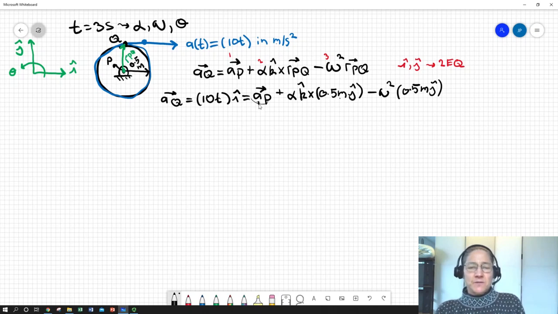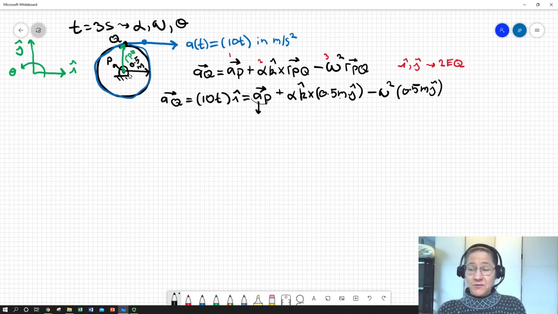Next important observation we need to make is, if we look again, we can get two equations out of there. We can tally up everything in the i hat direction and everything in the j hat direction, but we still have alpha, omega, and the acceleration of point P, AP. Now we need another piece of information, and the piece of information that we're going to use is the fact that P is a fixed pivot.